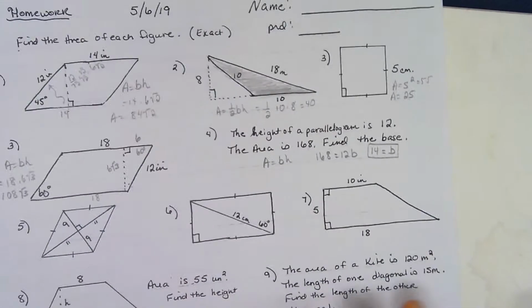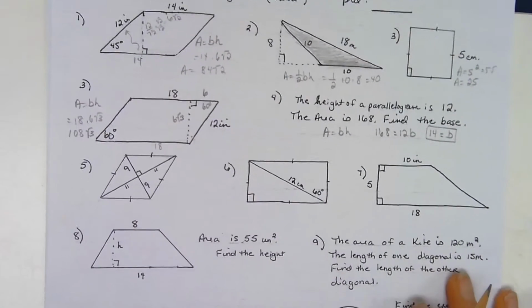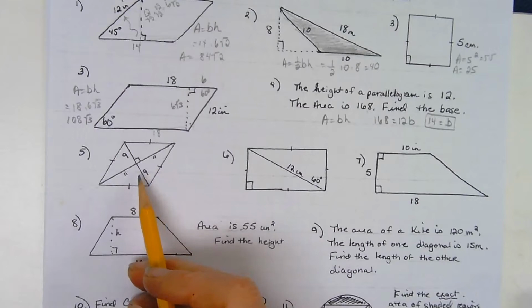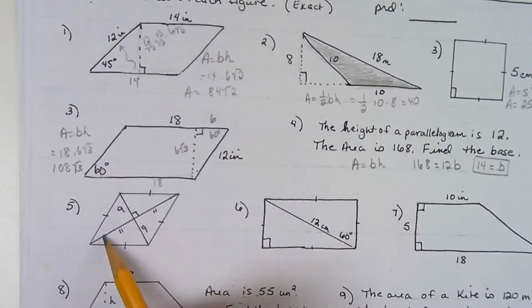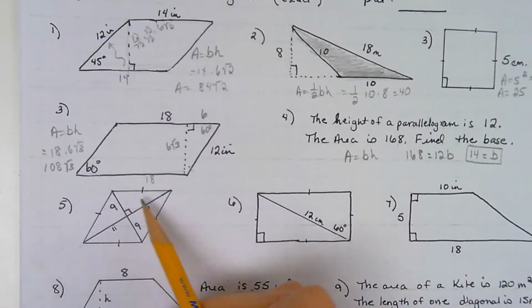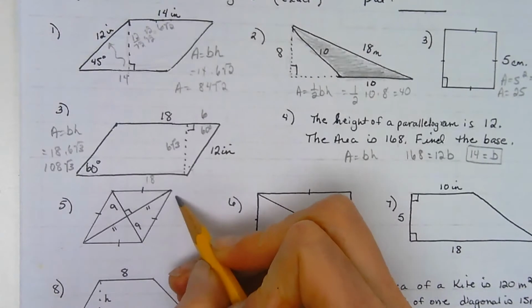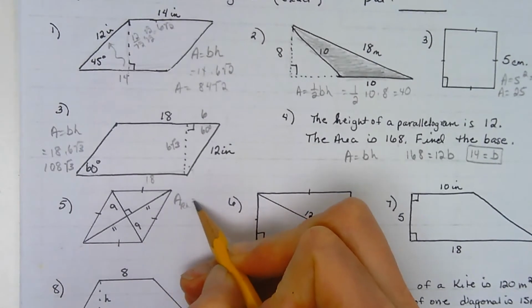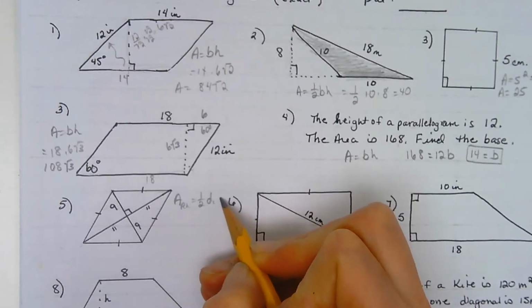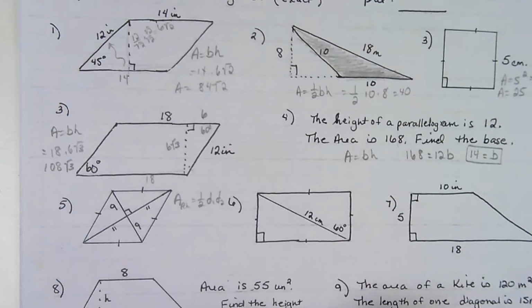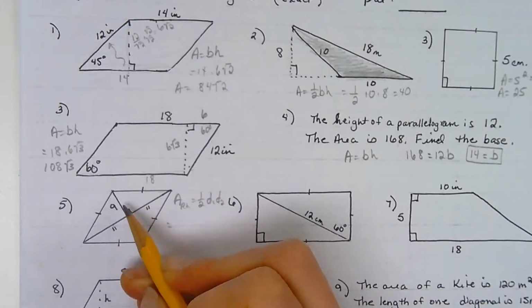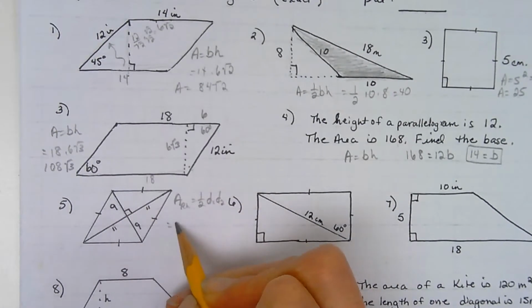Number 5. Here is a rhombus, and we're given the diagonals. So we're going to use the area of a rhombus to equal 1/2 diagonal 1 times diagonal 2. Diagonal 1 is 9 plus 9, which is 18.